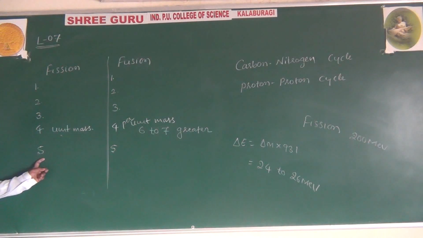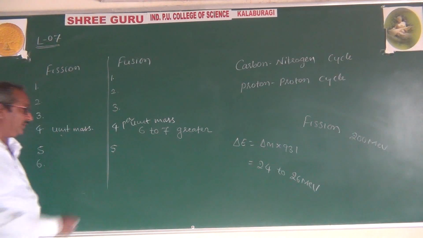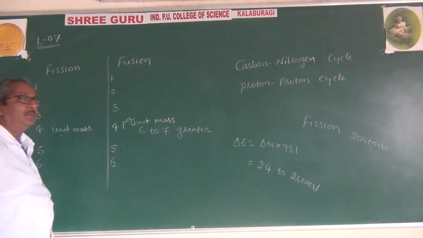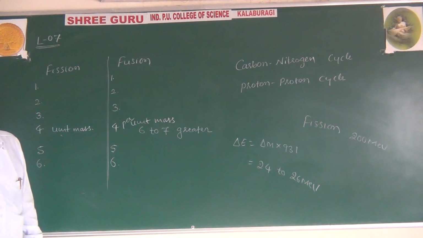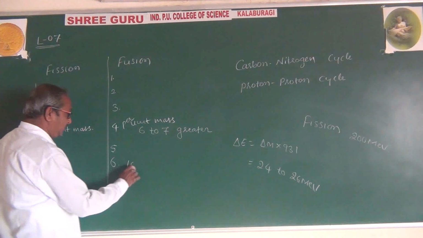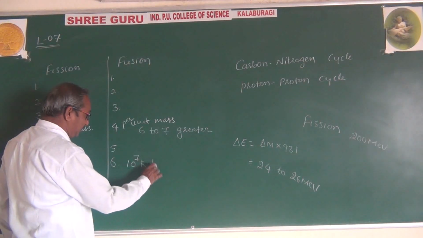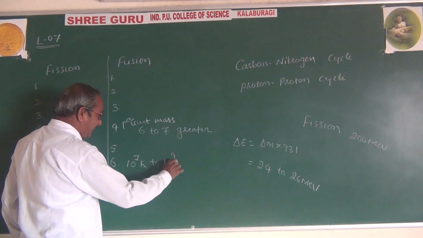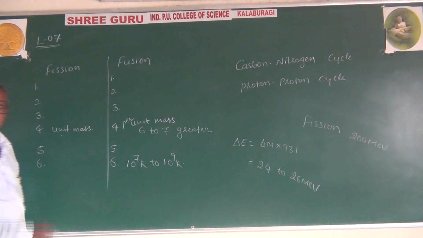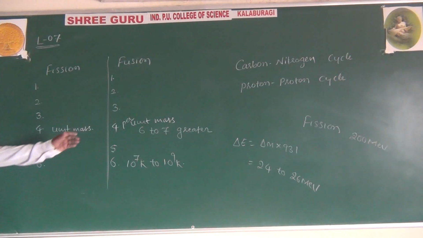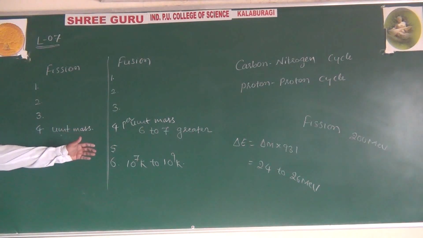And this reaction takes place at room temperature, whereas the fusion reaction takes place at a very high temperature, in the order of 10 raised to 7 Kelvin to 10 raised to 9 Kelvin. At very high temperature, hence that is difficult to realize in practice.